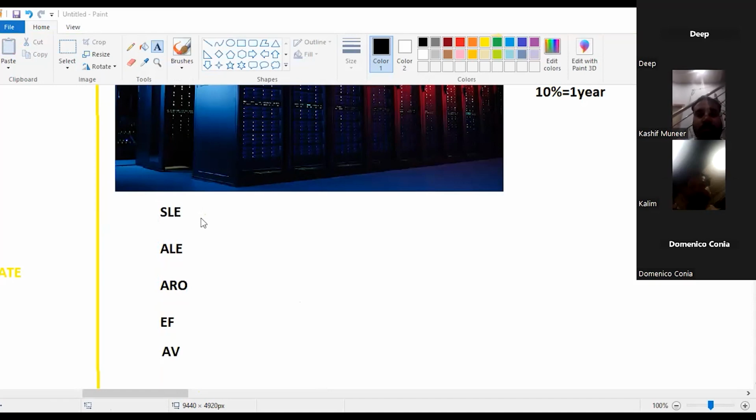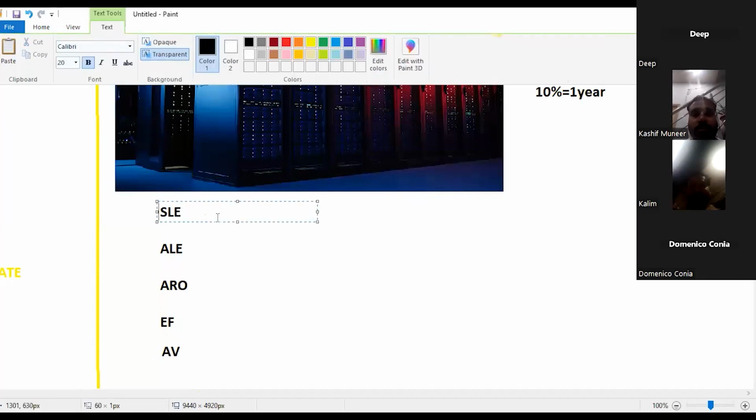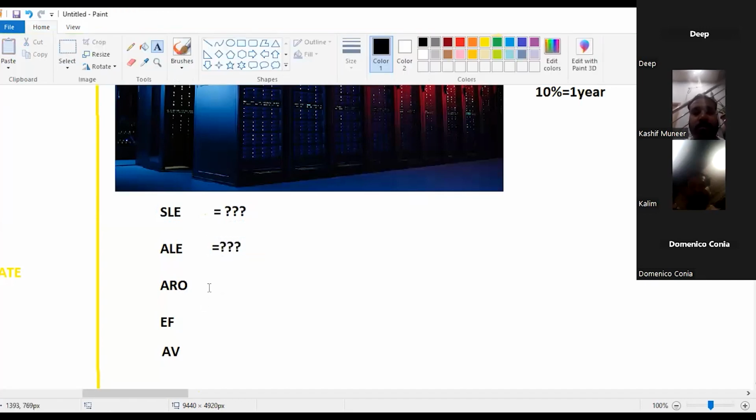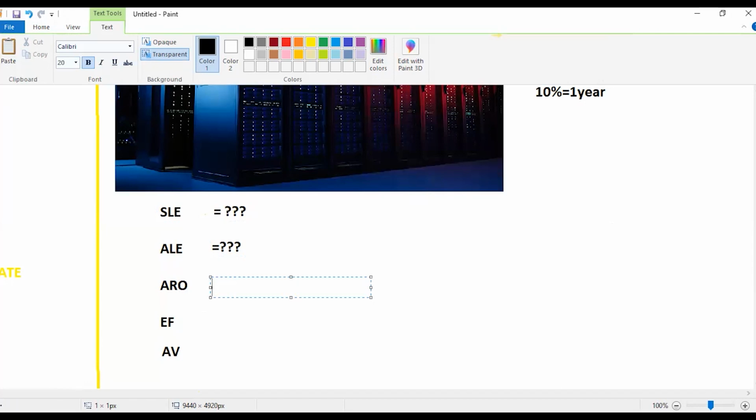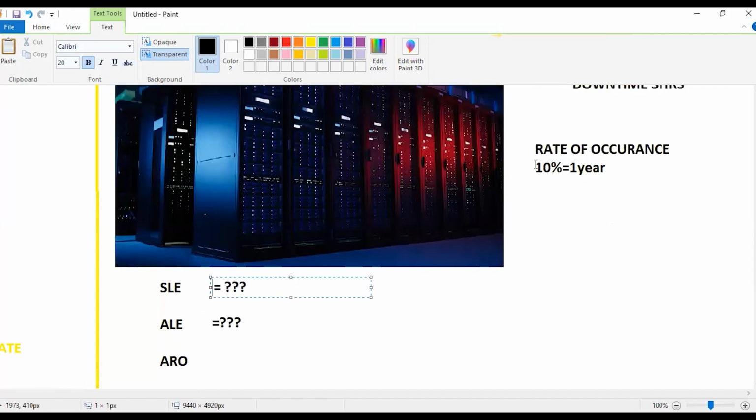Now, single loss expectancy, we need to find it. We don't know what it is. So annual loss expectancy, and the ARO, the annual rate of occurrence. How much is it? The rate of occurrence is 10%. Annual rate of occurrence, that's it, 10%.